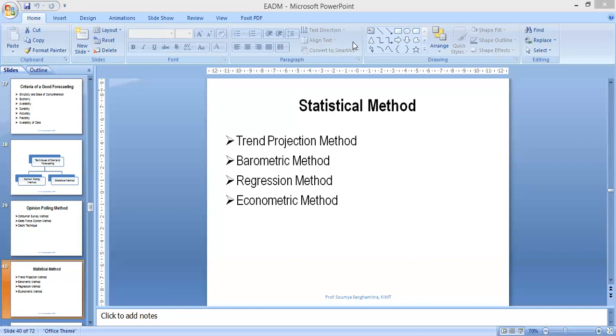And this technique uses sophisticated mathematical and statistical tools.